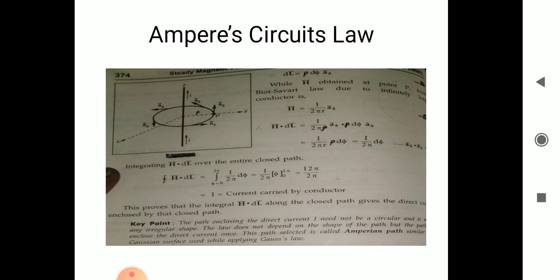Integrating H bar dot dl bar over the entire closed path, that closed path is known as the Amperian path.